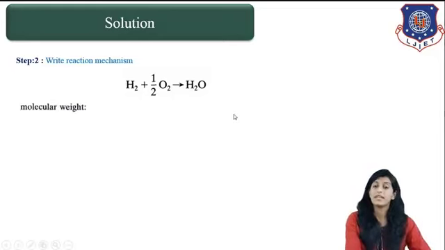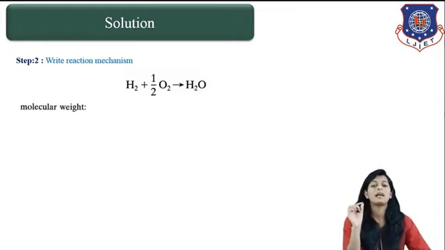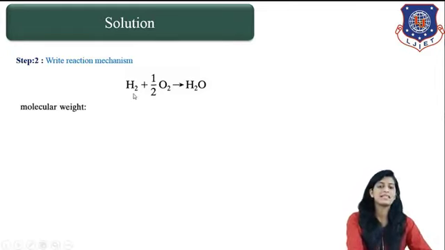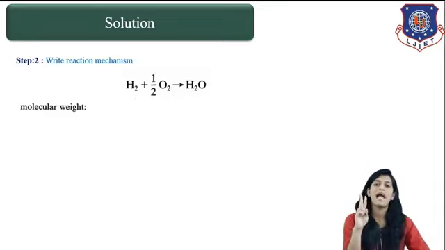Now, we need to determine in terms of number of moles. So we will write H2. The molecular weight of H2 is 2. As we know, the molecular weight of hydrogen is 1, and since we are using 2 moles here, its molecular weight is 2 gram.